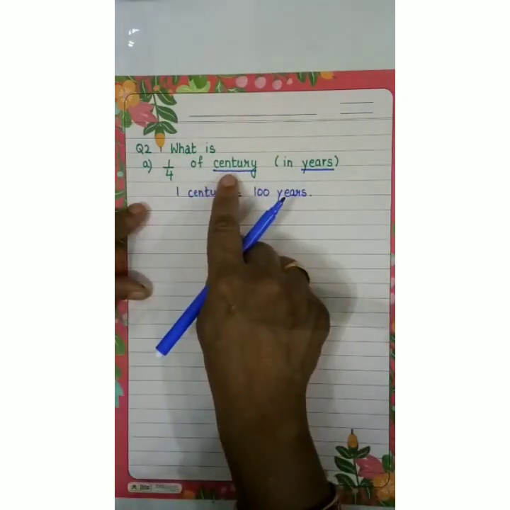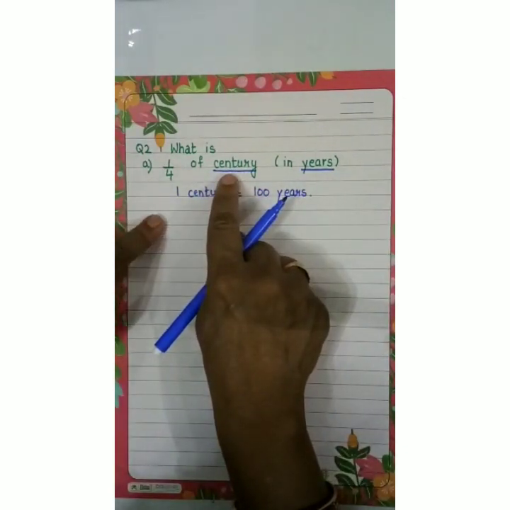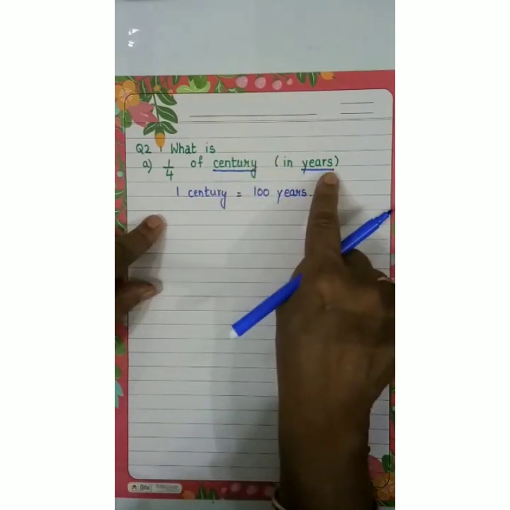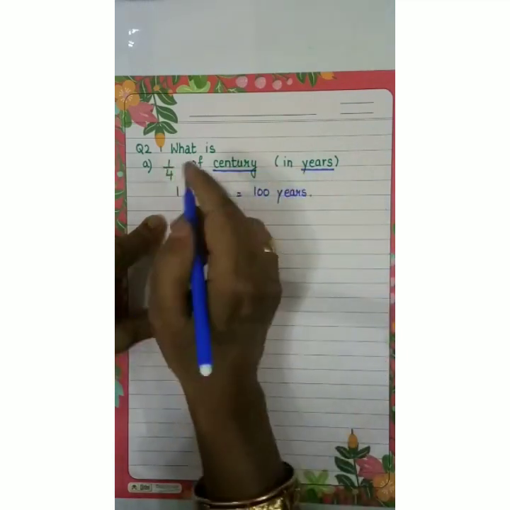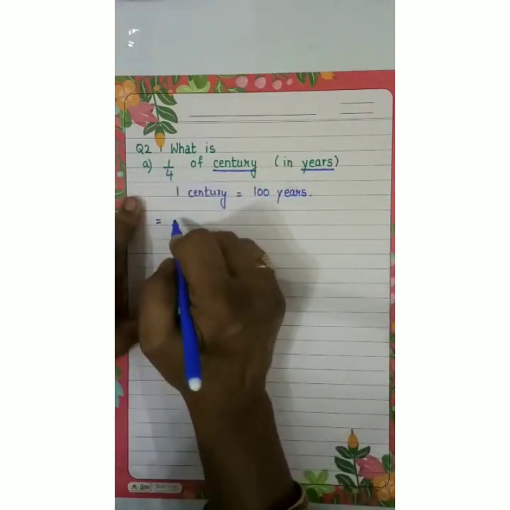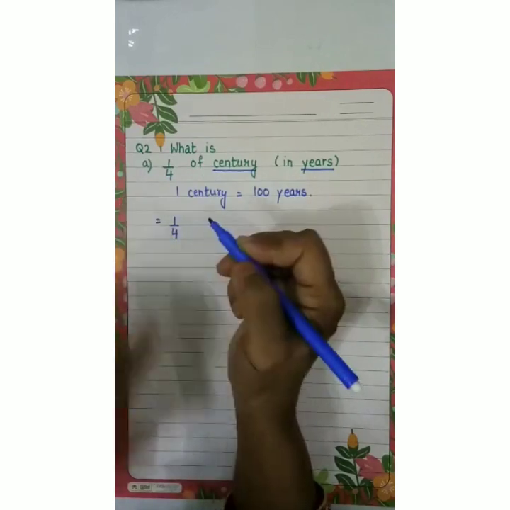Now, the word which is written over here will always be bigger and the word given in the bracket will be smaller. So you have to write down the fraction here, 1 by 4.